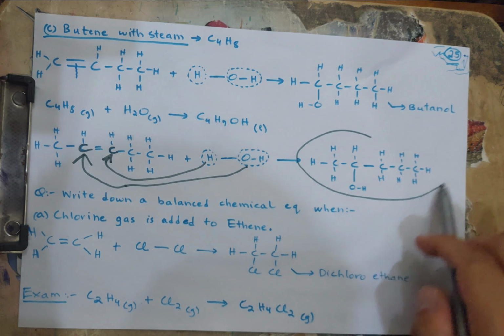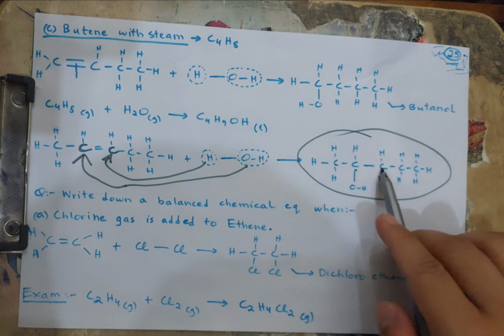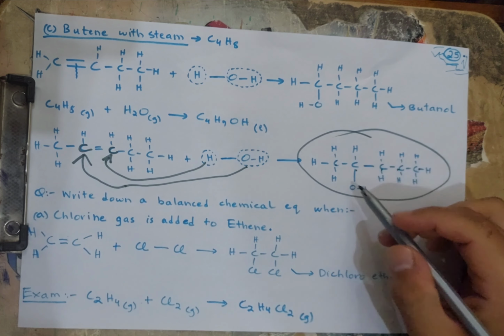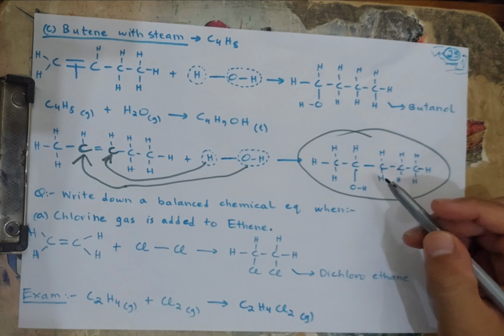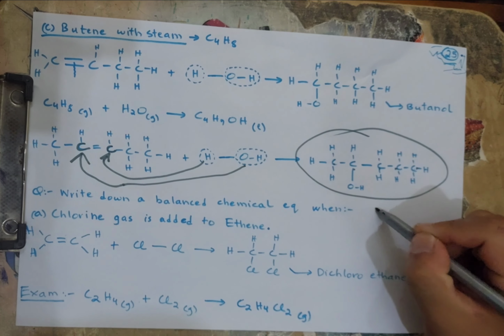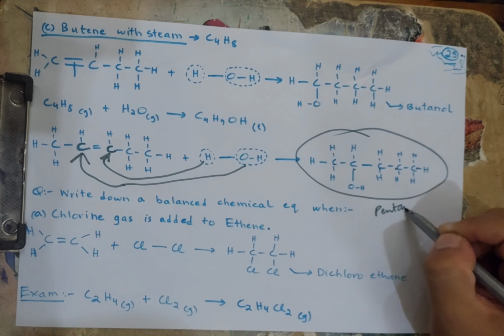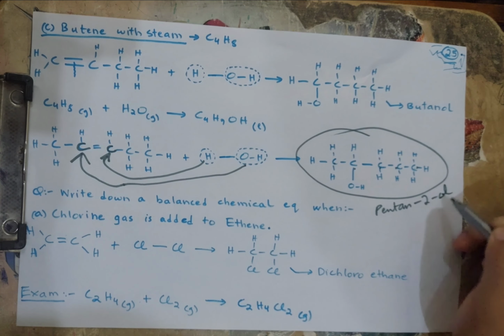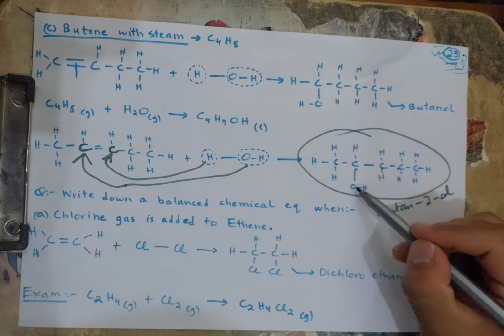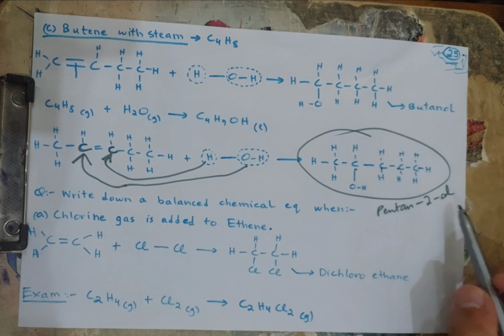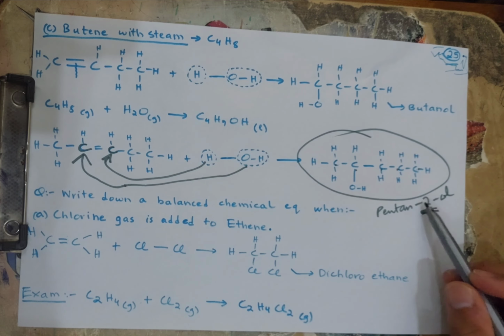So this is the structure formed, and this structure, 1, 2, 3, 4, 5, has OH on the second carbon, so we call it pentan-2-ol. As you remember, OH is on the second carbon, so we name it pentan-2-ol.